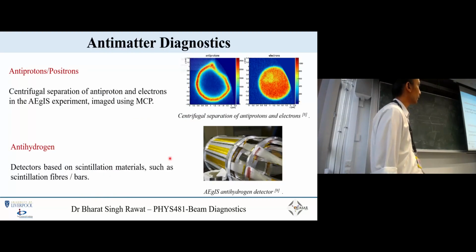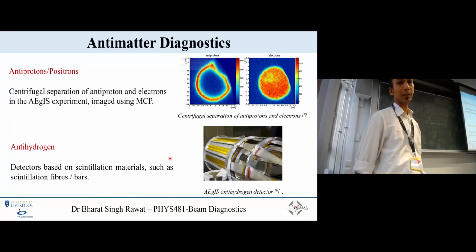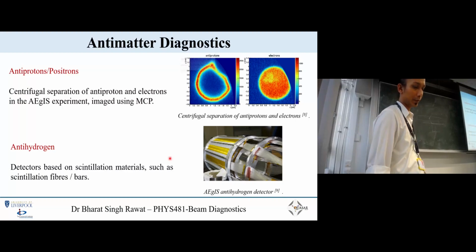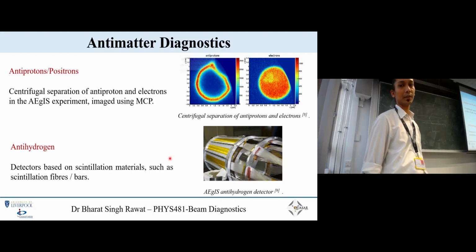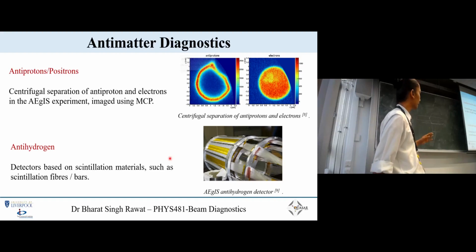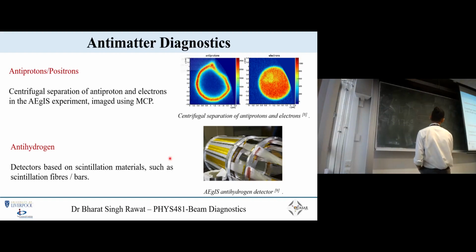So the first and the most commonly used diagnostic which we use is called the MCP, or microchannel plate, which is just a plate which consists of multiple channels. The thickness of each plate is very small, of the order of a few mm, and you have these channels which are etched using some beam machining method.